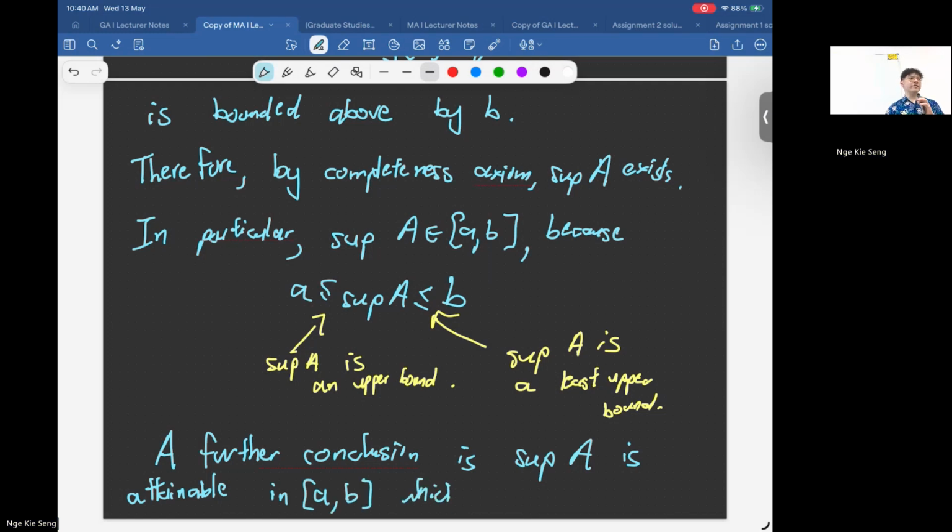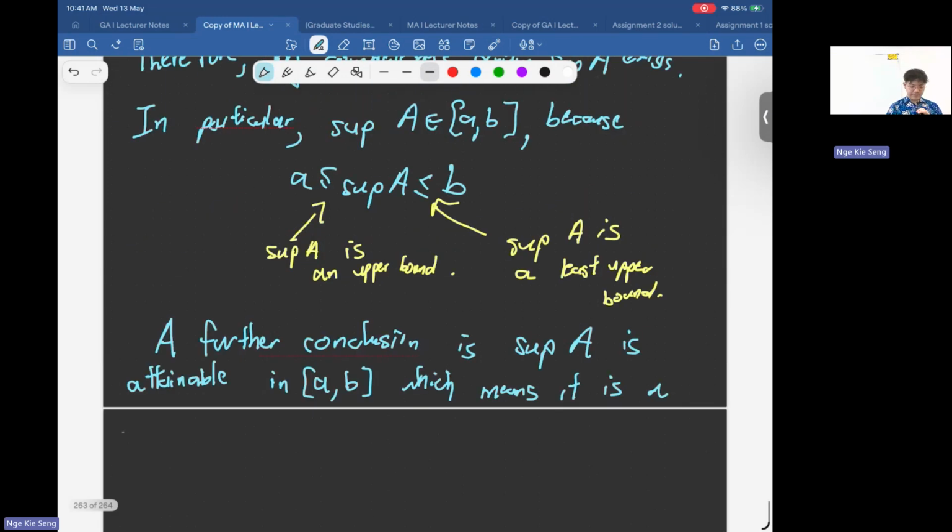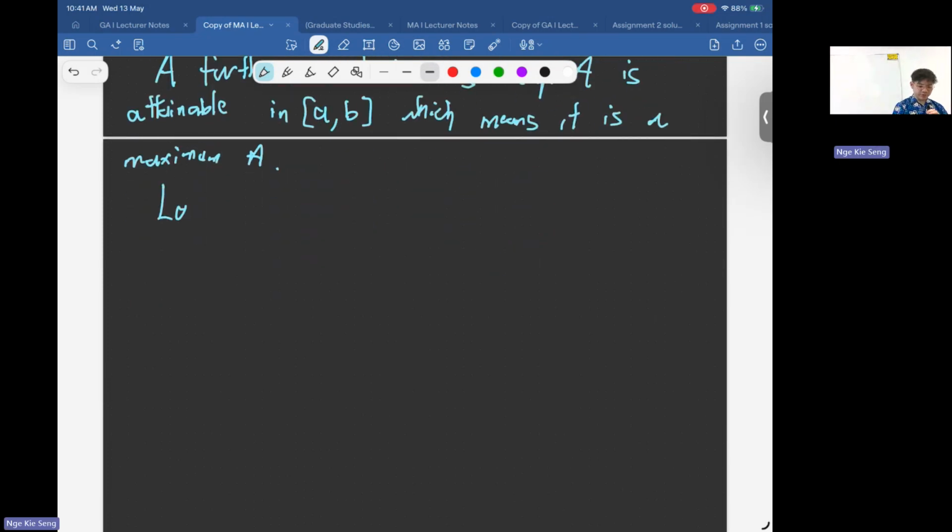Which means that if your least upper bound is attainable, it is a maximum. It's a maximum of A. It is the largest inside, and it is in the set.